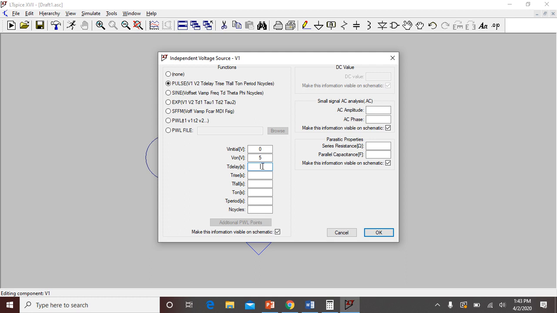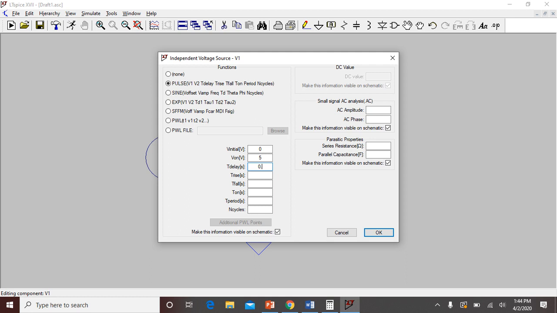In an ideal scenario, this time delay should be 0, but obviously in practical hardware, there is some time delay in the working of every device. So this supply will start working after some time delay.